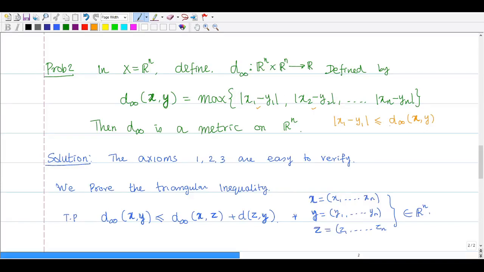Also modulus of x2 minus y2 is less than or equal to d infinity of x comma y. இதே மாதிரி modulus of xn minus yn is less than or equal to d infinity of x comma y. அவ்வளவுதாங்க இது முடிஞ்சு போச்சு.